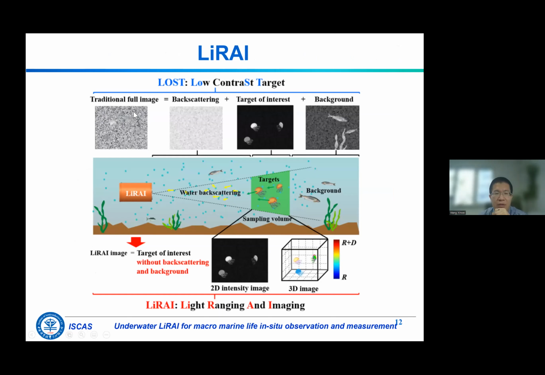The traditional camera obtains backscattering, target of interest, and background, whereas for LiRAI, the target in the sampling volume is grasped without backscattering from water, and also the background is filtered. So one can obtain a two-dimensional intensity image and a three-dimensional image.